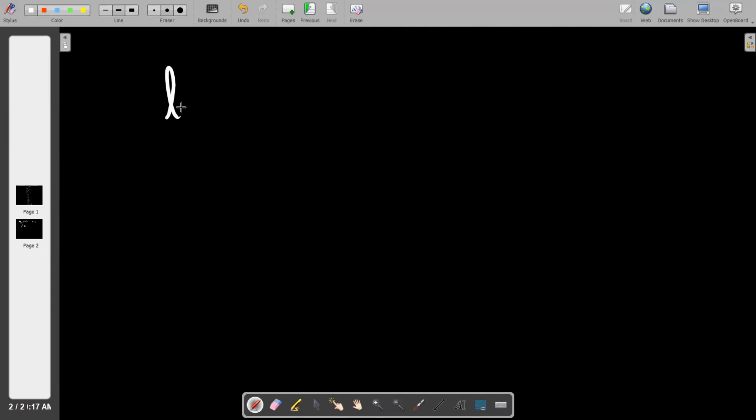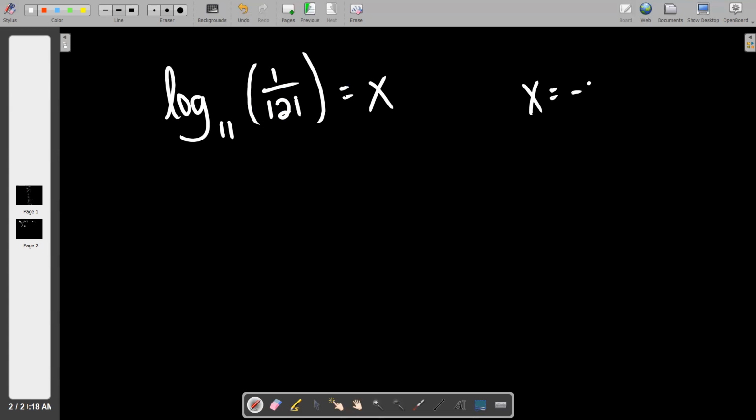Okay. Next one I have is log base 11 of 1 over 121 equals x. Correct. If I cycle this up and out, I'm going to say that 11 raised to some unknown power has to equal 1 over 121.